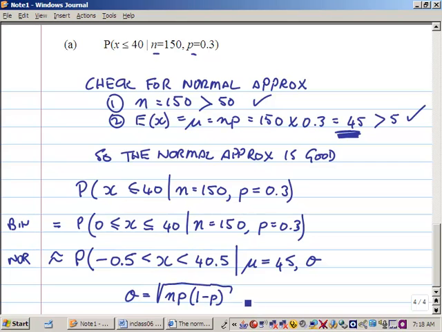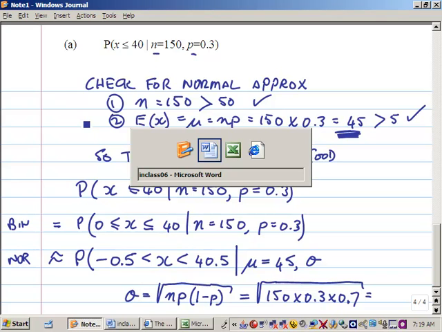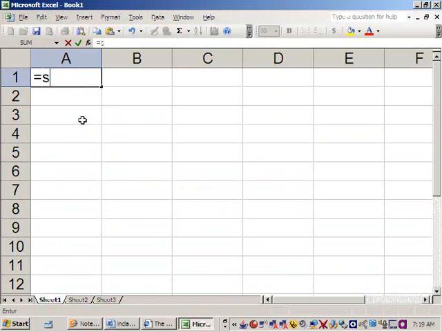In this case, that will be the square root of 150 times 0.3 times 0.7. Let's quickly do that calculation in Excel: the square root of n 150 times p 0.3 times 1 minus p 0.7. I get a value, to 4 significant places, of 5.612.